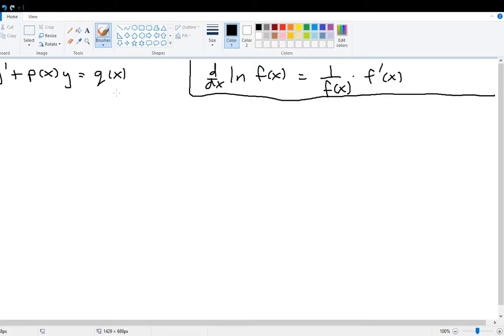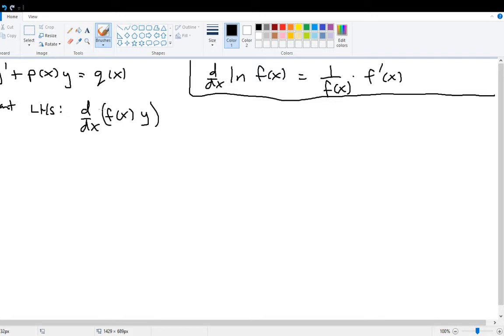The idea of the method of the integrating factor is that we want the left-hand side of our differential equation to look like this: the derivative of some function times y.